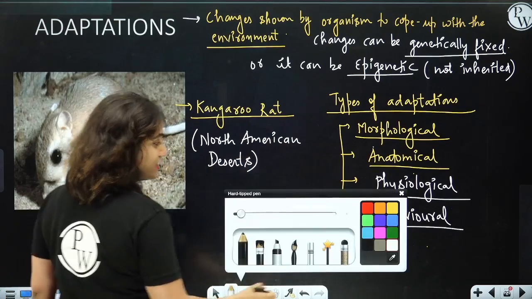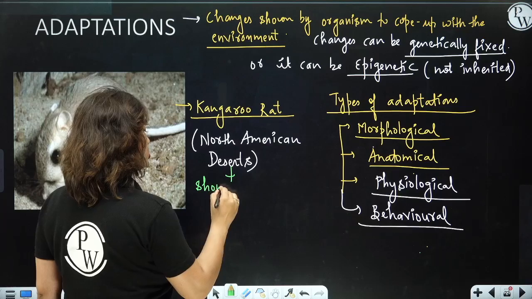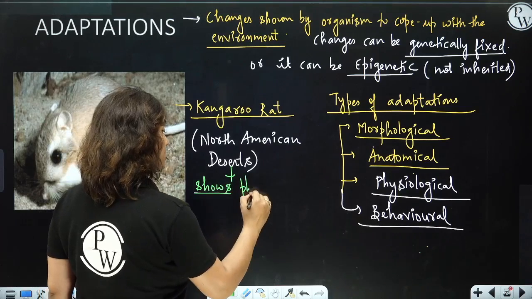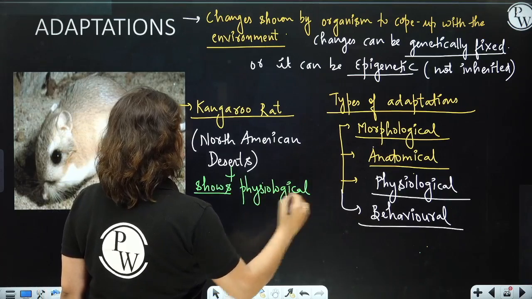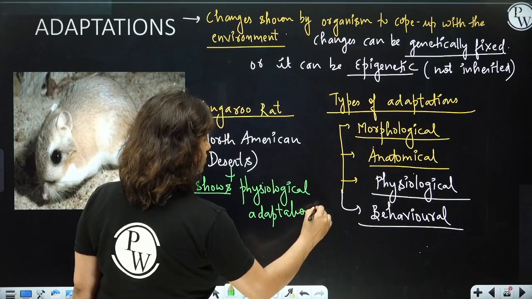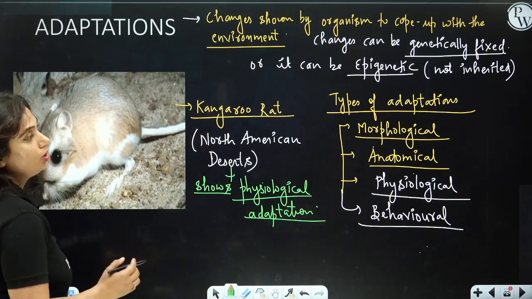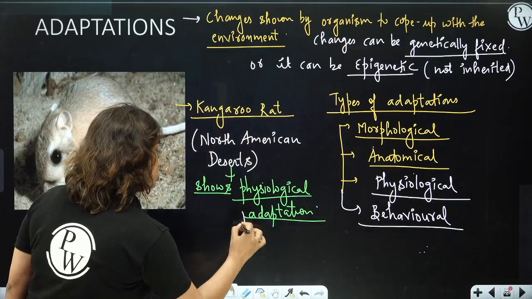So this kangaroo rat shows physiological adaptation to cope with the environment. And what kind of physiological adaptation?